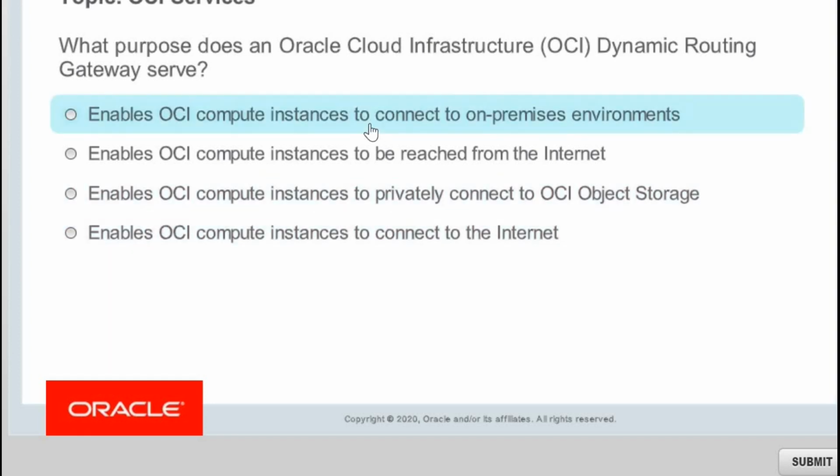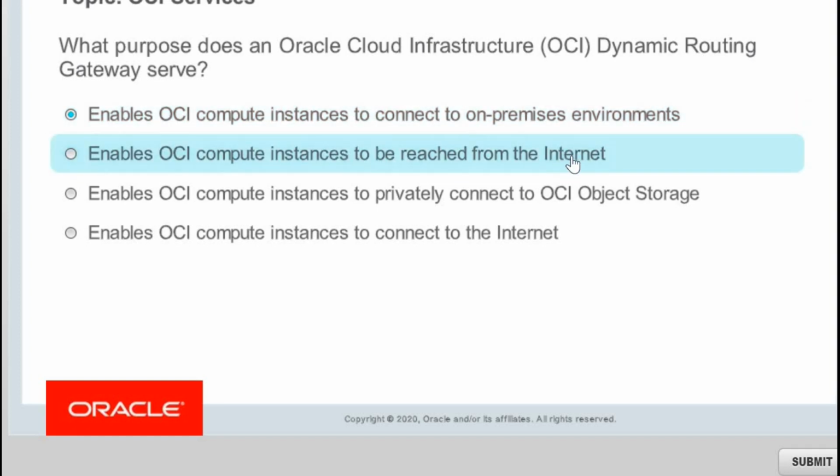So right now I just look at the options. Enable an OCI compute instance to connect to an on-premises environment, which is the right answer, because you use the DRG to connect to the on-premises environment, which you do by VPN. So this is the right answer.